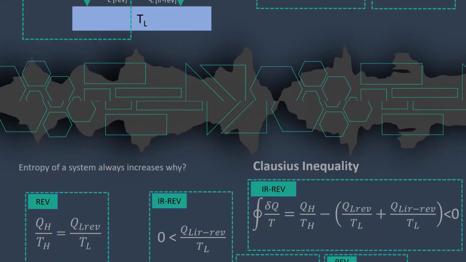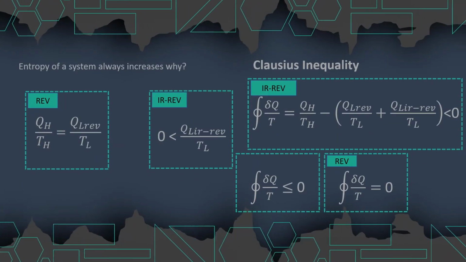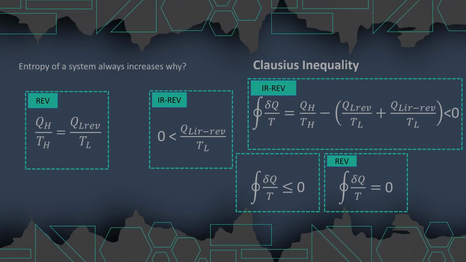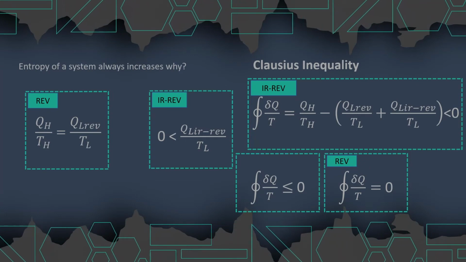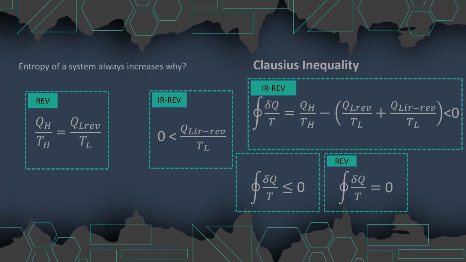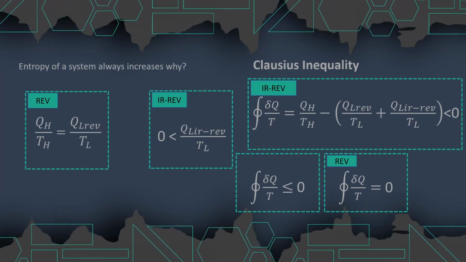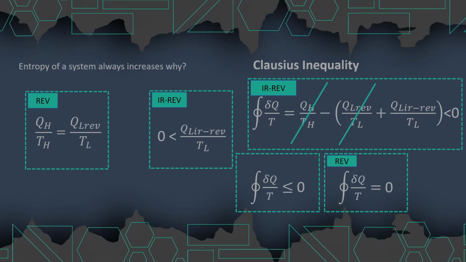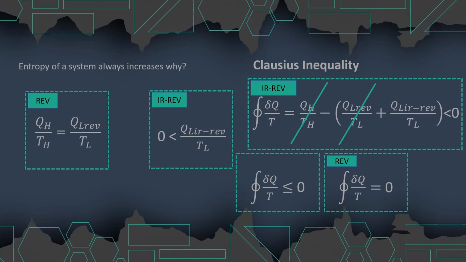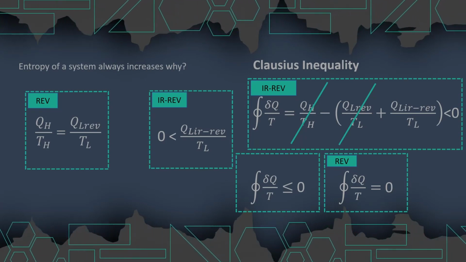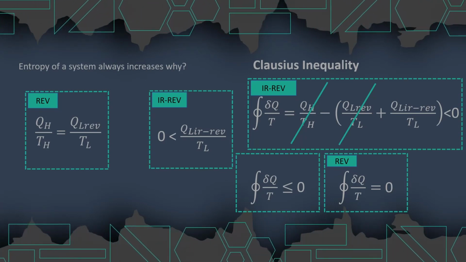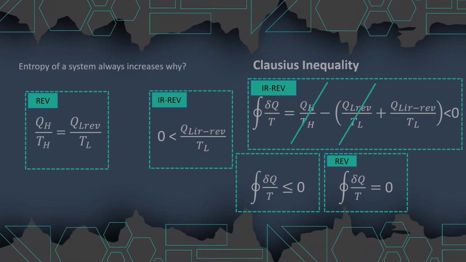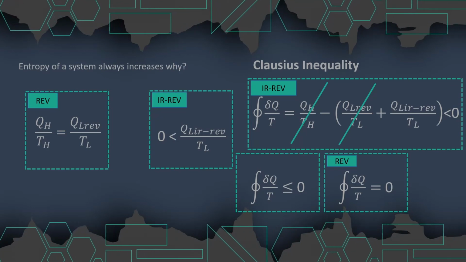The total cyclic integral of entropy is QH by TH minus the sum of the entropy of the reversible and the irreversible process. QH by TH and QL reversible by TL cancel out each other since they have the same magnitude. We are left with minus QL irreversible divided by TL, which is negative, lower than 0. For the reversible process alone, the change in entropy for a cyclic process is 0.